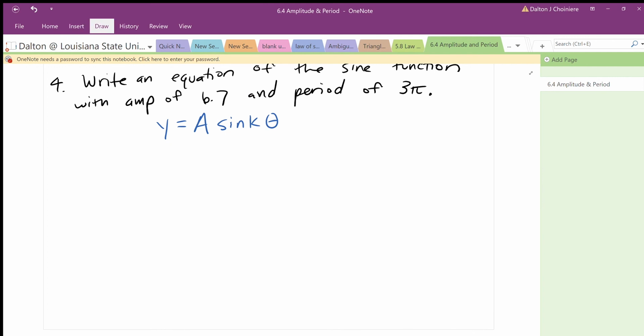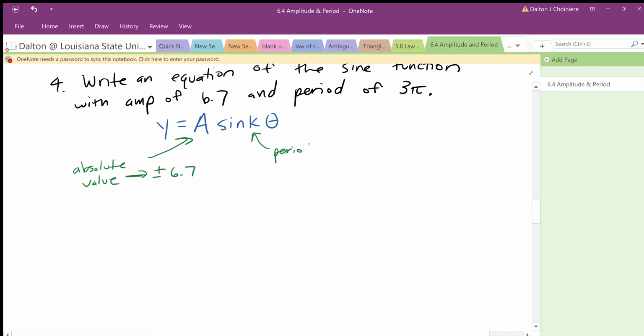With amplitude, since we know a is technically the absolute value to get that, then that implies that we could have a plus or minus 6.7 in front of sine. Okay, using what we just learned about period, k is under 2 pi. So the period is equal to 2 pi over k, I'll say.